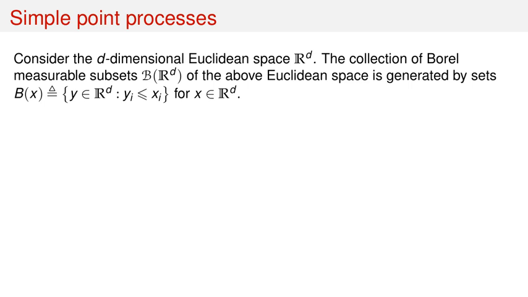B of x is defined as the set of all points y in R to the power d such that each component y sub i is less than or equal to the corresponding component x sub i, for any given x in R to the power d.